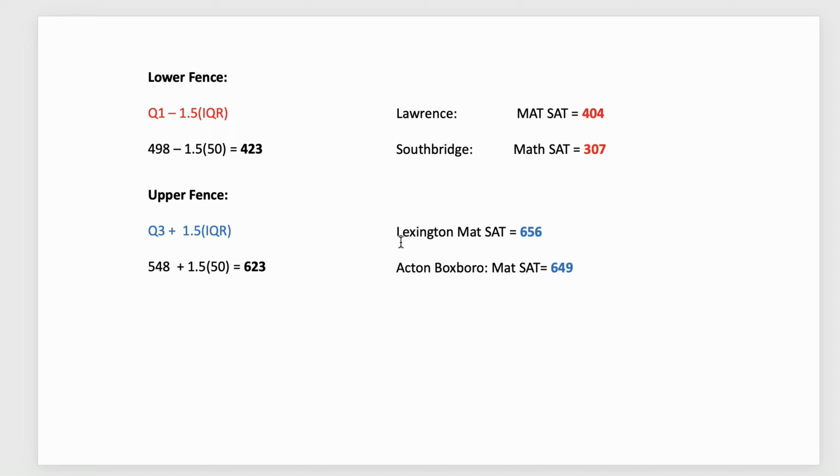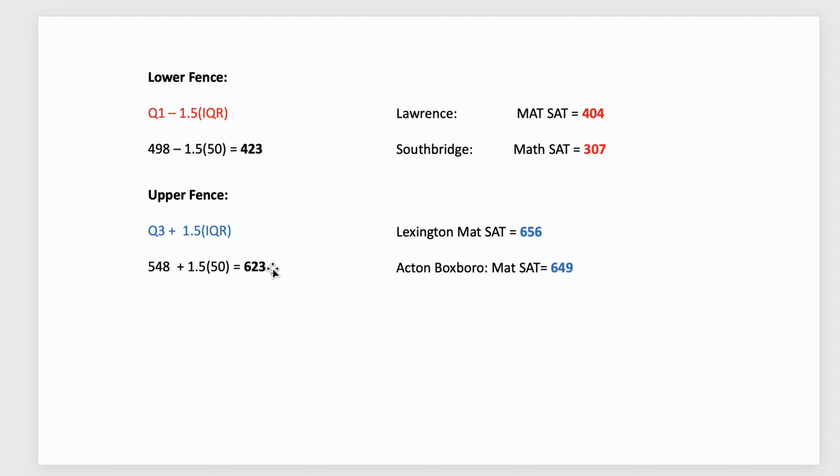The high outliers were Lexington with a math SAT score of 656 and Acton-Boxborough with a math SAT of 649. Did they qualify as high outliers? Absolutely.